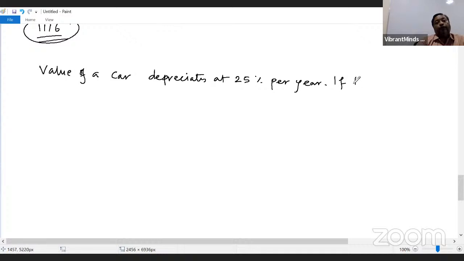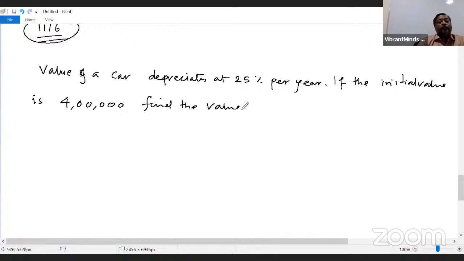If the initial value is 4 lakh, find the value after 3 years. Now see, depreciates means what?